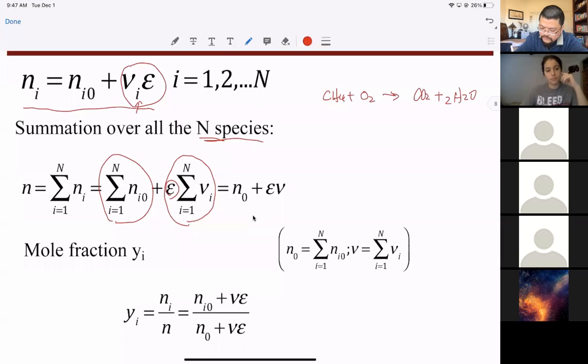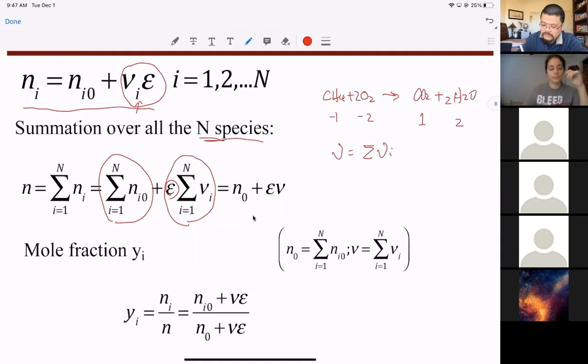We said the stoichiometry would be -1, -2, +1, +2. So those would be their corresponding stoichiometry values.